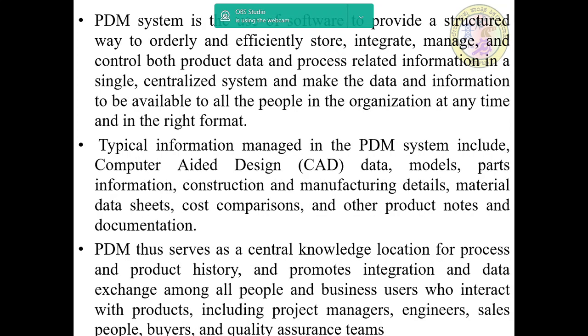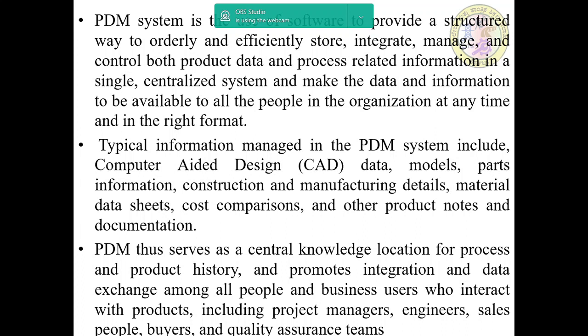PDM systems is the use of software to provide a structural way to orderly and effectively store, integrate, manage, and control both product data and process related information in a single centralized system, and make the information available to all people in the organization at any time and in the right format.